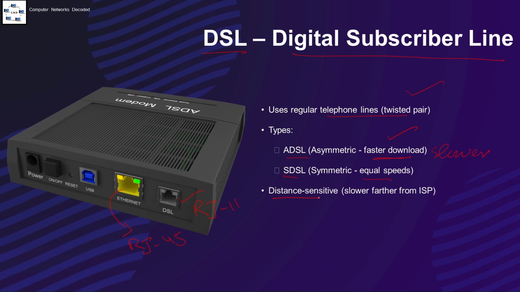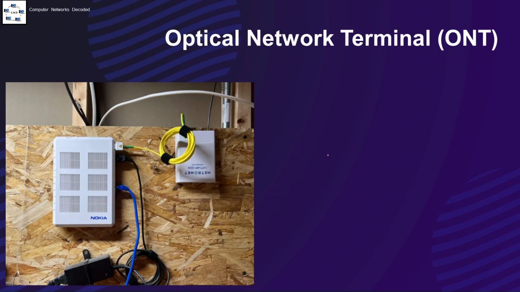It is distance sensitive since it uses copper twisted pair cable, so it works at limited distance. So if the distance from your ISP increases, the speed also decreases. And in the modern network, we use the optical network terminal or ONT for internet connectivity.